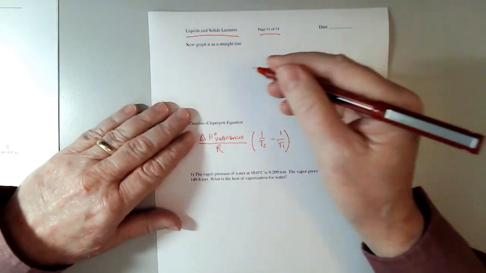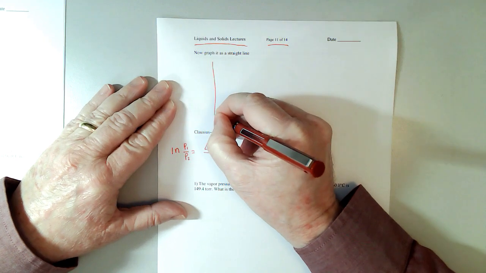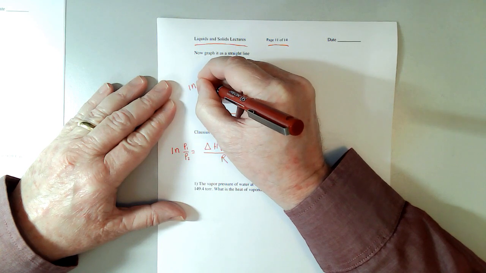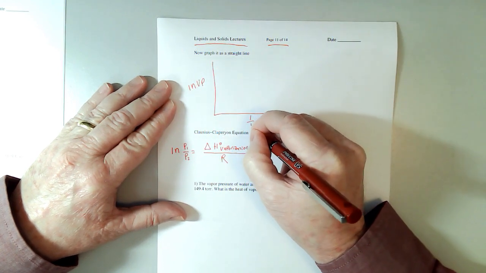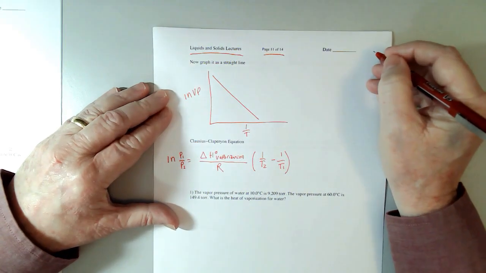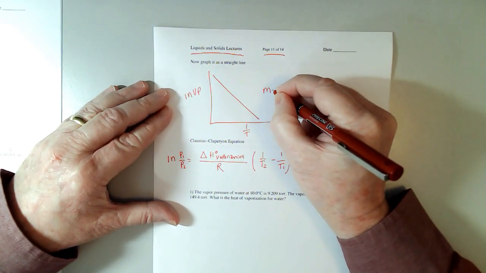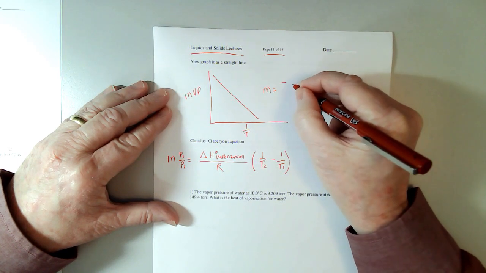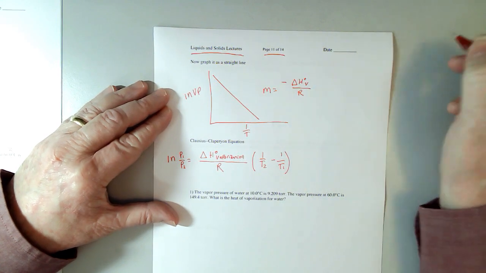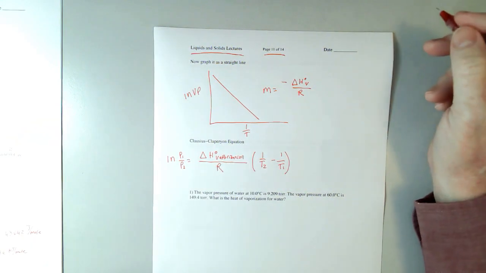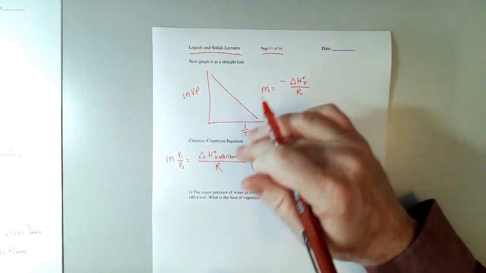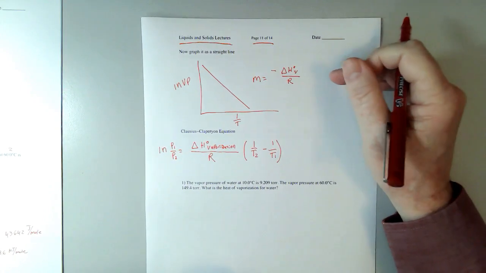This was based upon this graph, where we generated a graph when we put the ln of the vapor pressure versus 1 over T, and we got a straight line going down. It turned out that the slope of that line was equal to negative delta H naught vaporization over R. The reason R is there is just some unit conversion. When you turn this into a two-point form, this is what we end up getting.